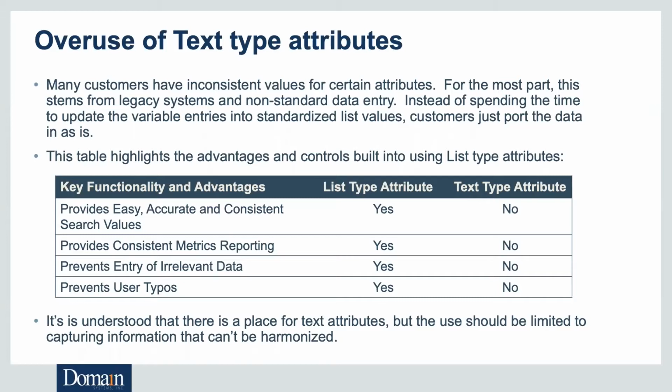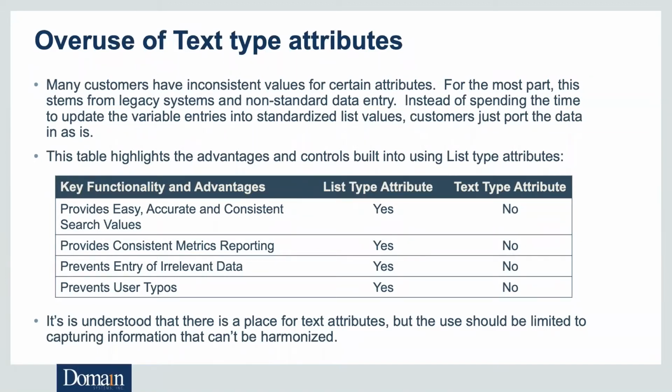And then the last one, it prevents typos, right? Even though you may come up with a standard, for example, capacitor being abbreviated to CAP, somebody may type the wrong letter and not catch it. So it helps to maintain your data integrity.